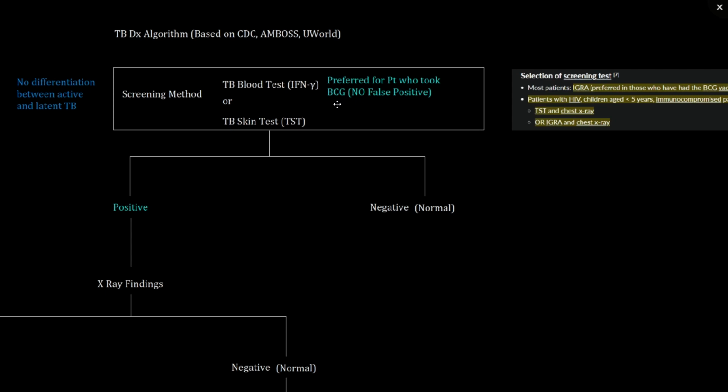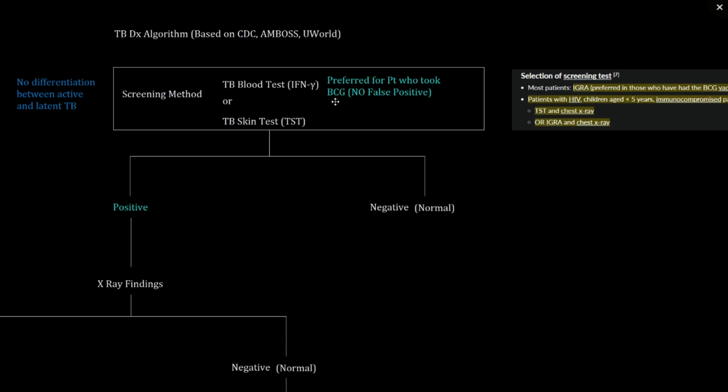It is an attenuated Mycobacterium bovis, and it is not used in the US or Europe, at least for the general population. There are some niche indications. I'm not going to go over this. It is not used for the general population because it has been reported that there were some cases of TB in patients who took those vaccines. Okay, so this is the initial test.